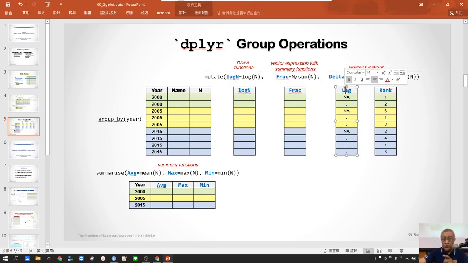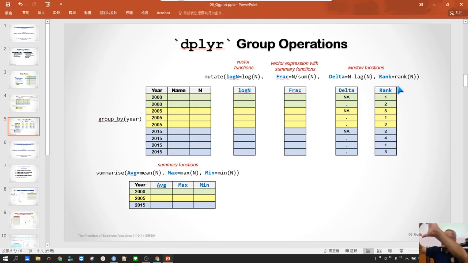So if I want to create a column called delta, and I want to calculate a growth rate, things like that, I can do a lag and shift n by one position, and then do a minus. So I can see the difference between the lag, and that has to be done group by group.